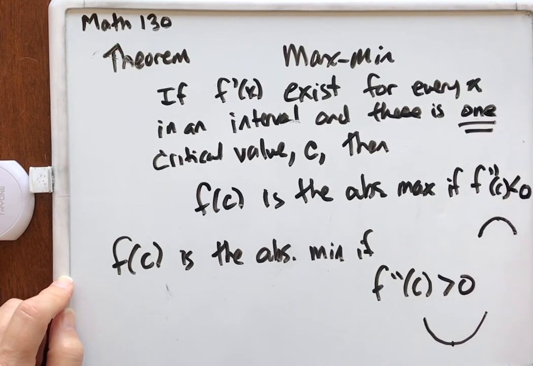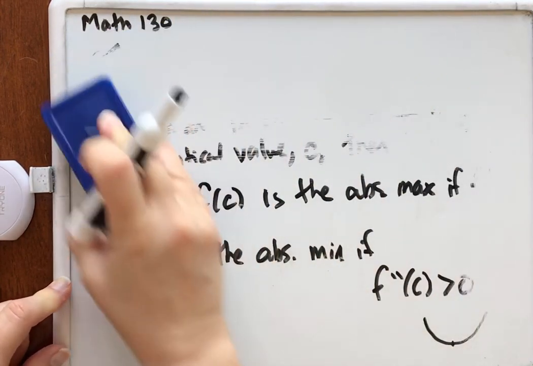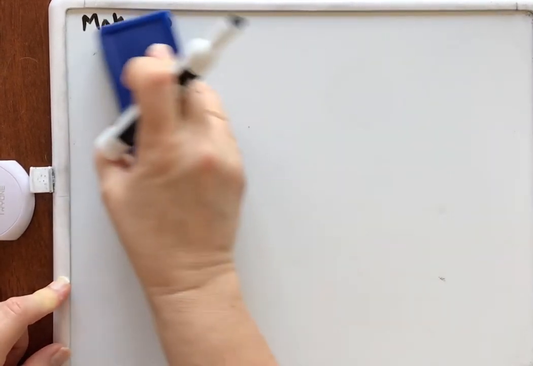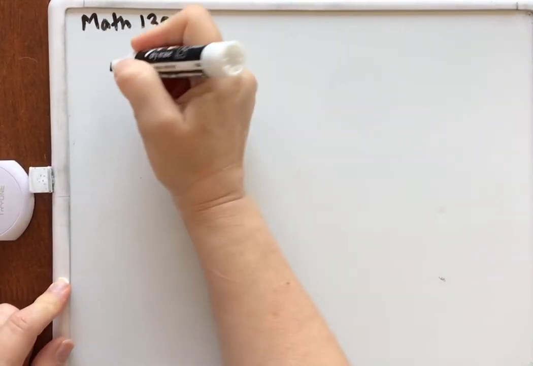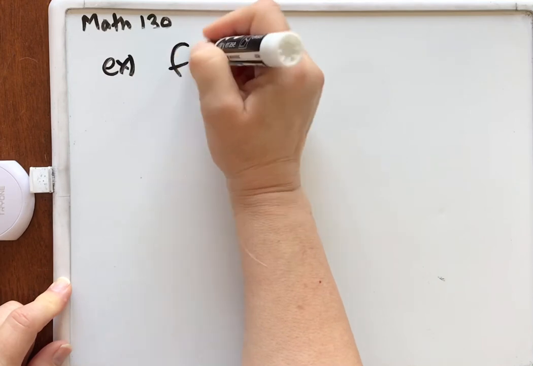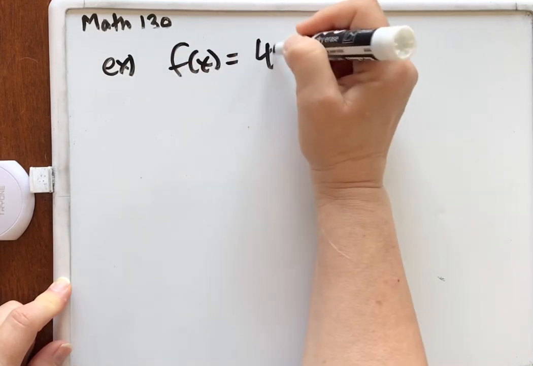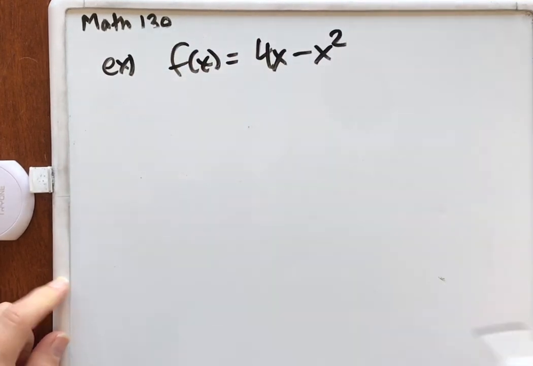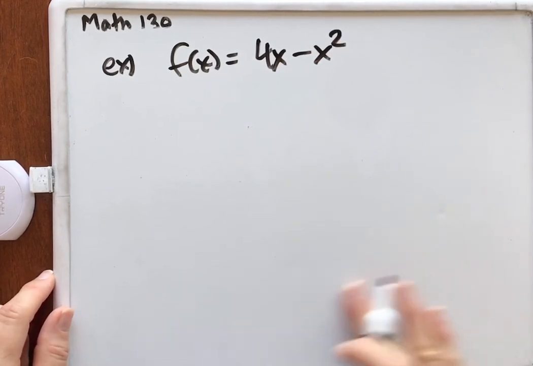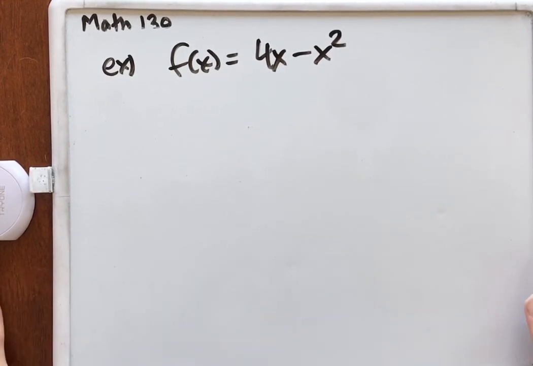So let's do an example using the max-min theorem. Okay, here's the example. f of x equals 4x minus x squared. Now in order for the max-min theorem to work, I'm going to read it again.